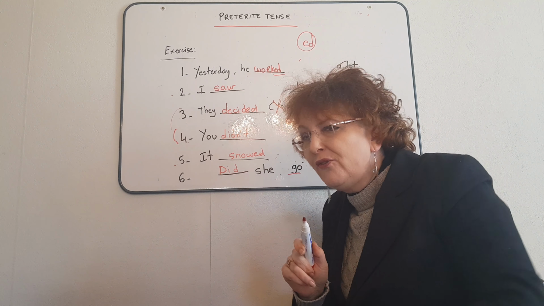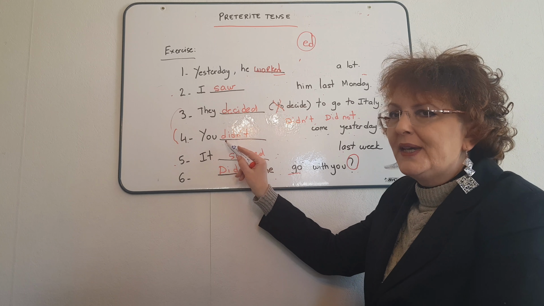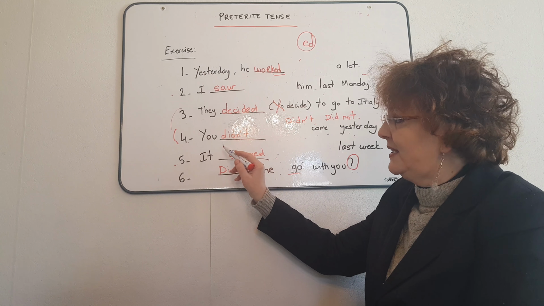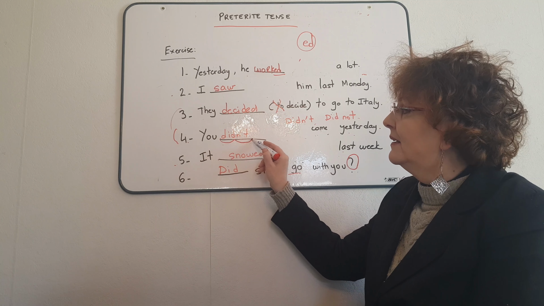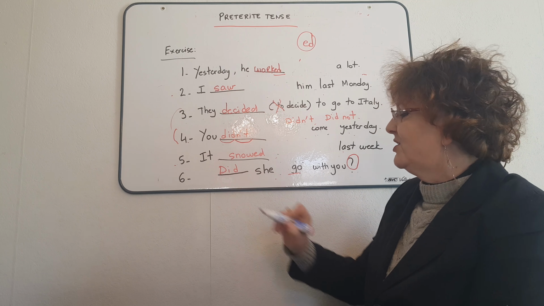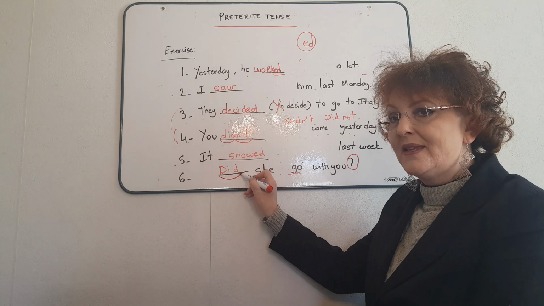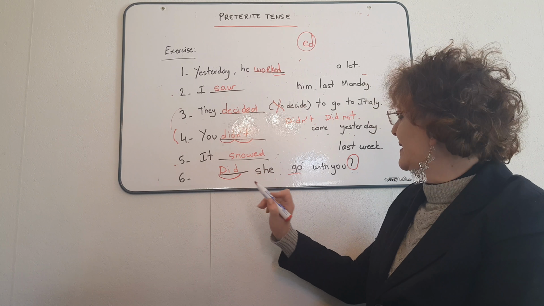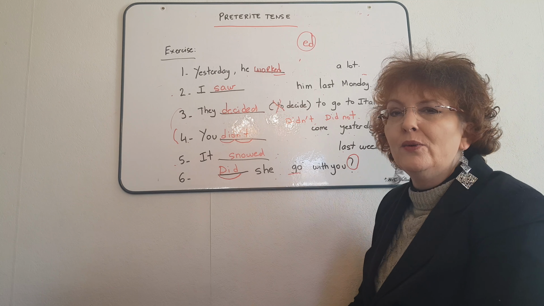If we are in the negative form, what do? Well, we have to introduce an auxiliary, the auxiliary do in the preterite tense, did, and if it's a negative form, we add didn't or did not. And if it's a question, again, we introduce the auxiliary in the preterite tense and in the right form. Here it's not a negative sentence. Did she go with you?